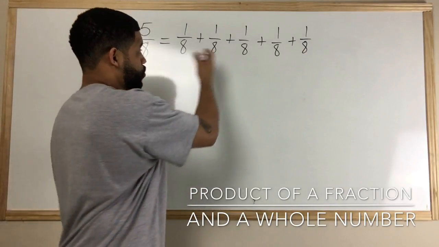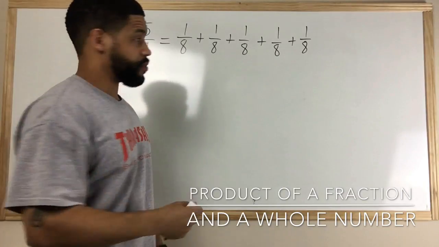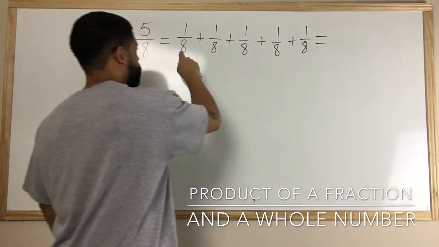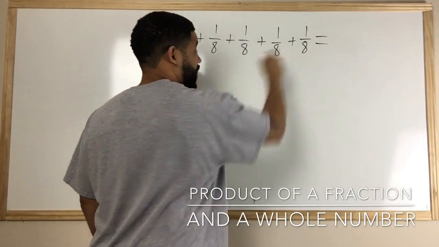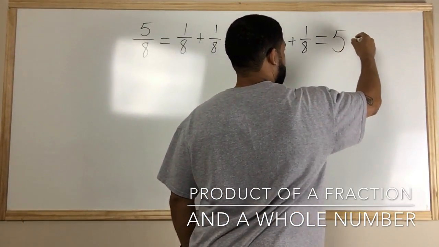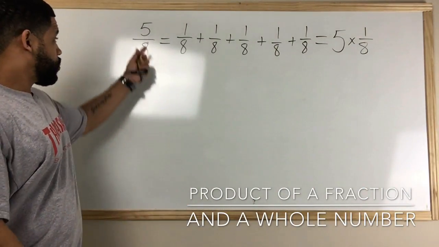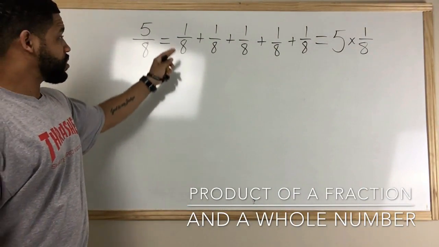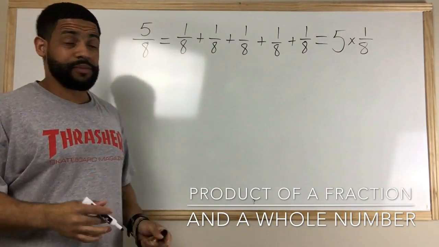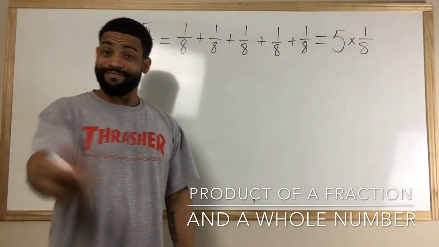So that's why we write it out as the sum of 1/8 five different times. Notice I have 1, 2, 3, 4, 5, the 1/8 five different times. So I can take that 5 and multiply it by 1/8. Because it's 5 different times, we can take that 5 and multiply it by 1/8.